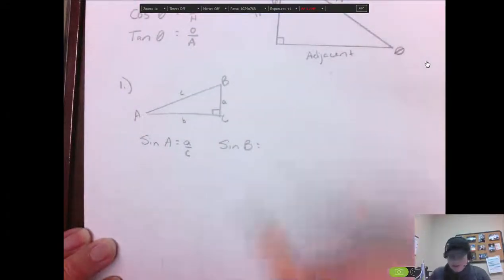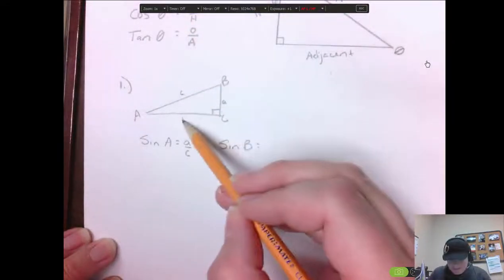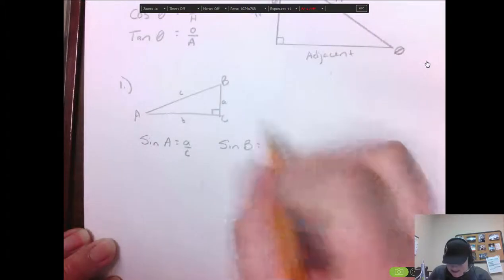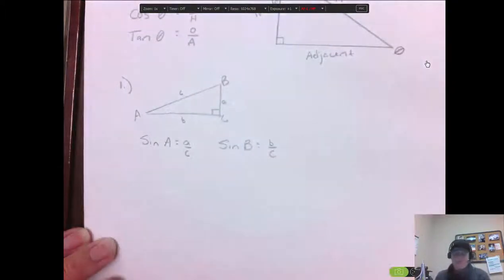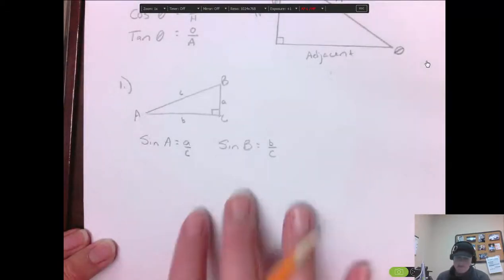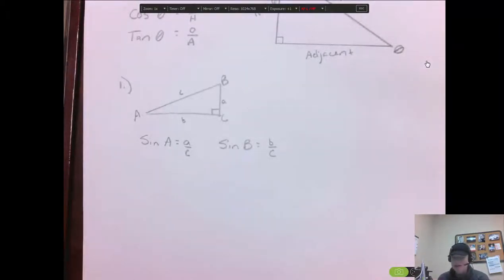Even though it's the same triangle, because from B, little b is opposite, and then C is still your hypotenuse. So it's different from B. And it's a different angle, and we could keep going and do all the tangents and the cosines and everything.